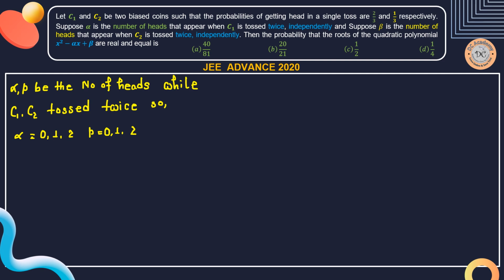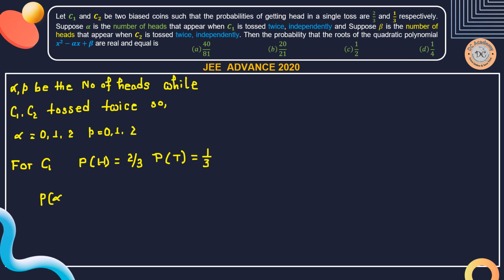So here it says that for the coin C1, the probability of getting head is 2 by 3. So therefore, the probability of getting tail in this particular problem will be 1 by 3. That's for sure. Now we're trying to calculate the probability of alpha equal to 0.